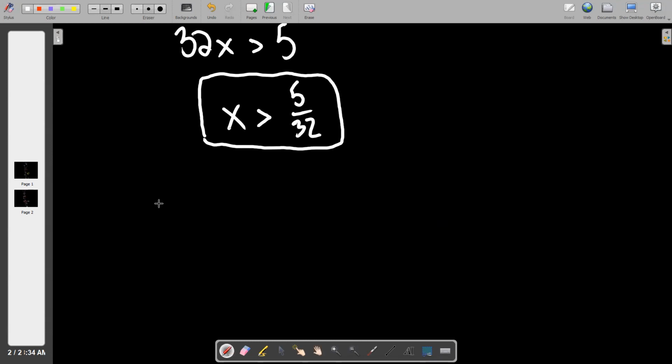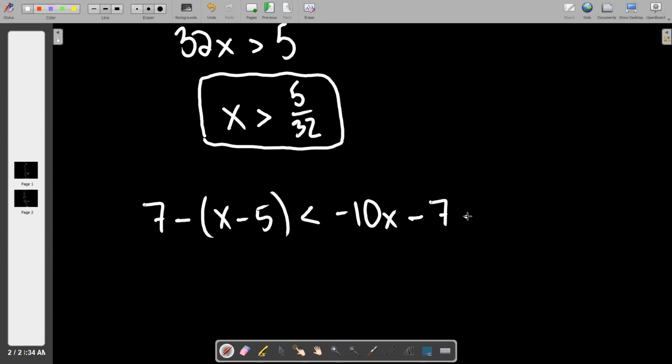So let's do 7 minus the quantity of x minus 5 is less than negative 10x minus 7 minus 4x.